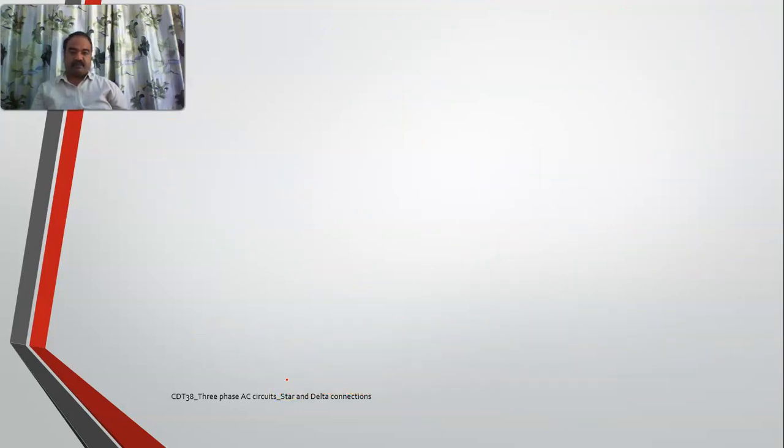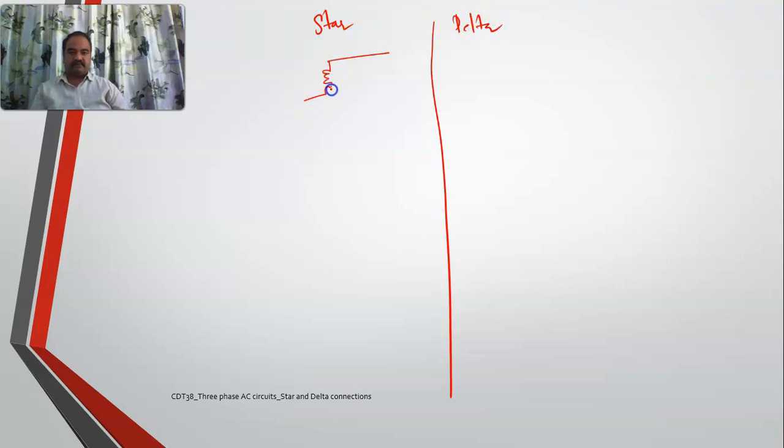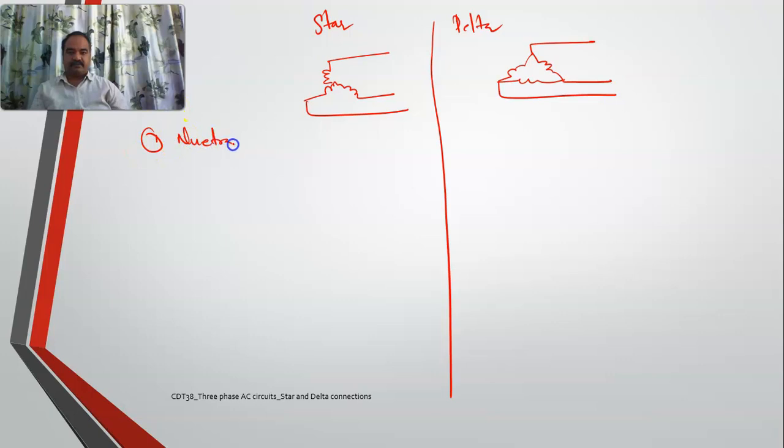Okay. Now, I'll make a quick difference between star and delta. This is star, and this is delta. In star, there is a neutral point. In delta, there is no neutral.